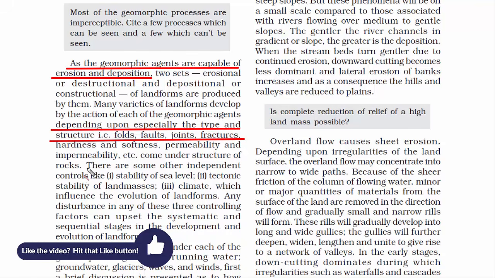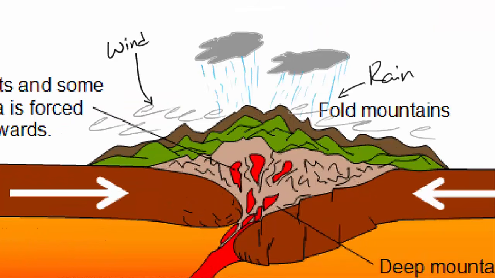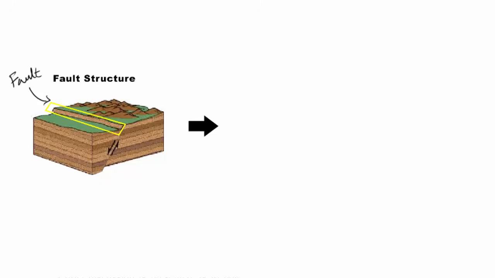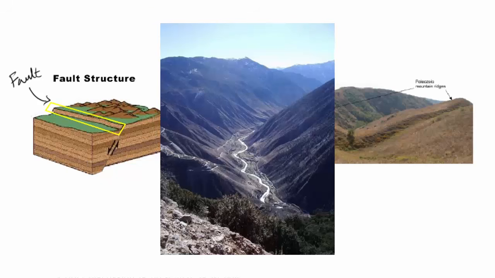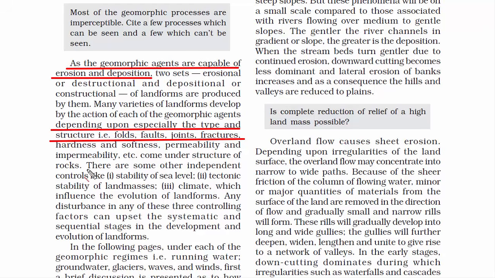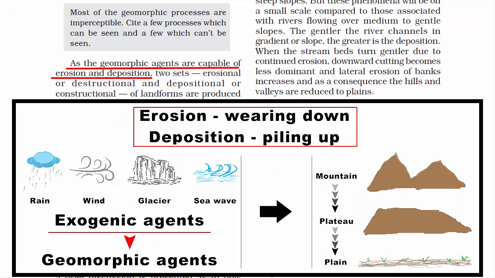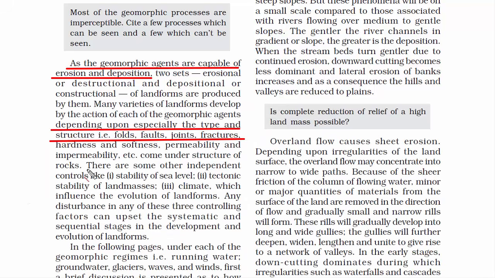For example, in a fold structure, the exogenic agents make it steeper on the sideways, forming an intense sharp slope. In a fault structure, the exogenic agents can make the fault into a steep narrow valley. So you see the changes in the landform are directly dependent on the exogenic factors, and this entire process is imperceptible, meaning it takes a lot of time to see a noticeable change.